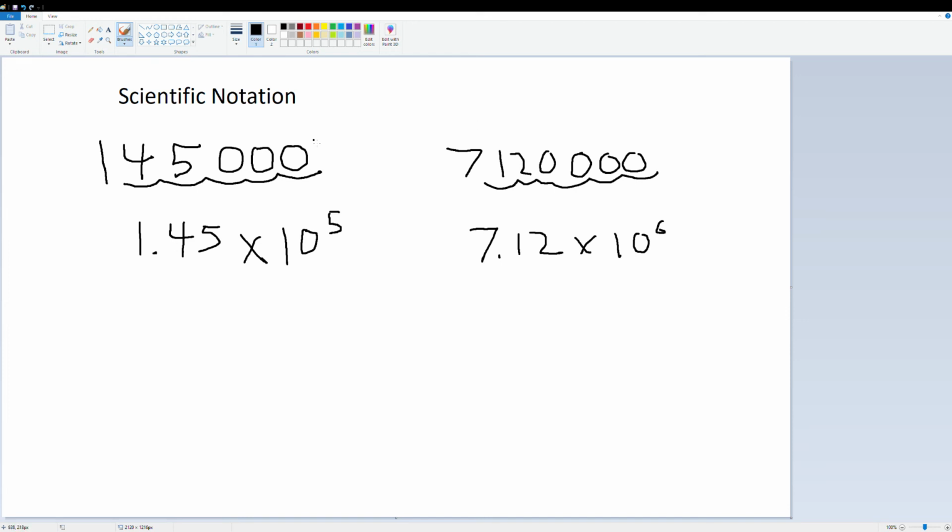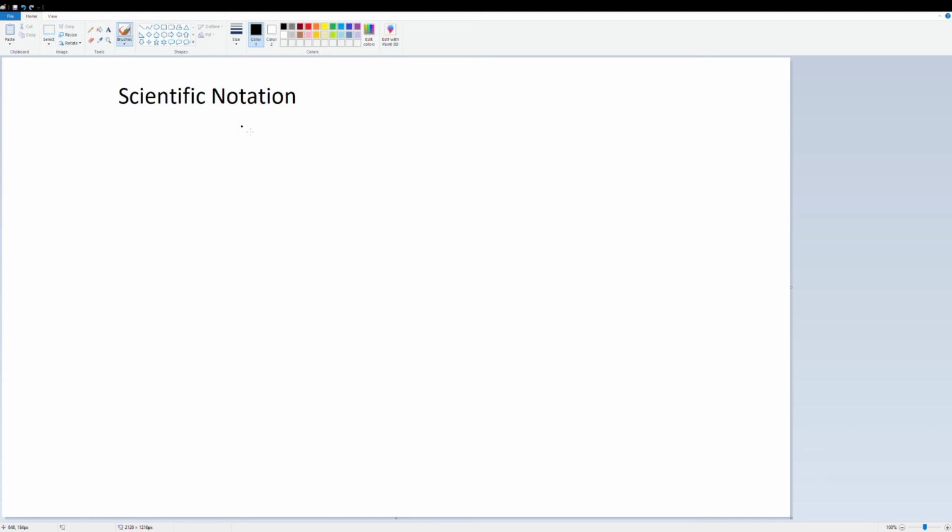But with scientific notation, we can use it for very large numbers, but we can also use it for very small numbers. So let's take a small number like 0.051. To move this into scientific notation, we're essentially going to do the same thing, but we're going to move the decimal point in the other direction.